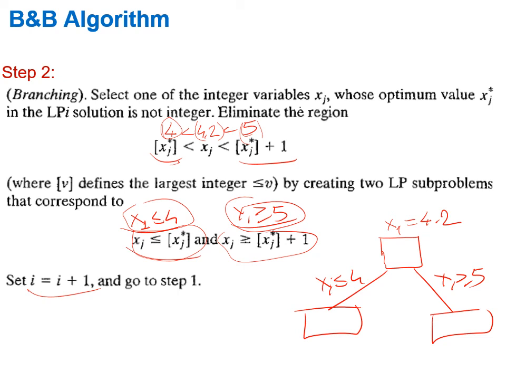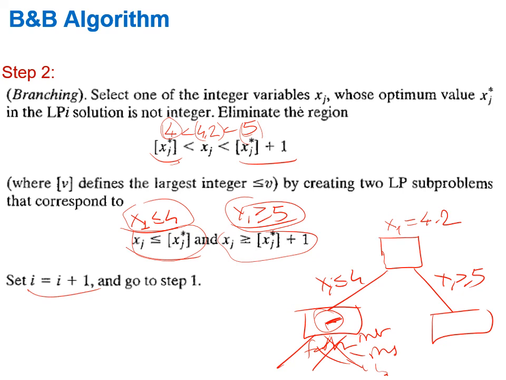Step 1 says select another LP, let's say this one, and solve it. After solving, try to fathom it by integrality, by infeasibility, or by bound. If you fathom it, move to another one. If you cannot fathom it, branch it. This is the algorithm. Try all open nodes one by one until you get the optimal solution.